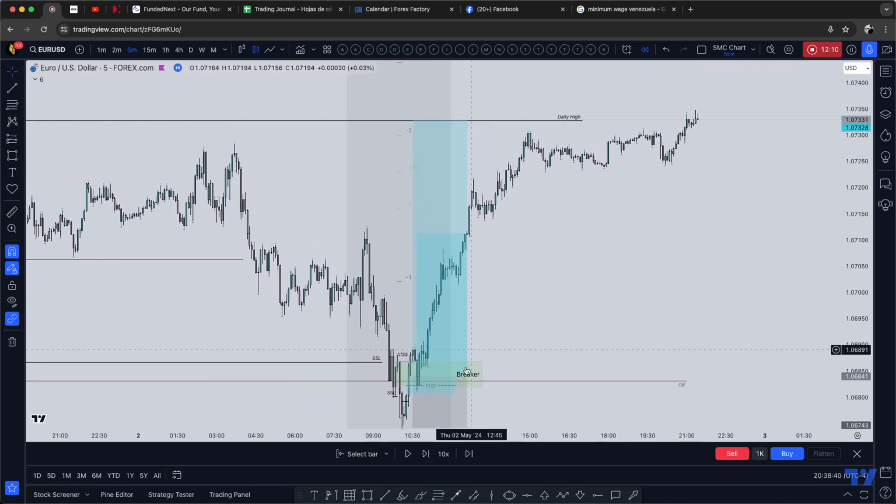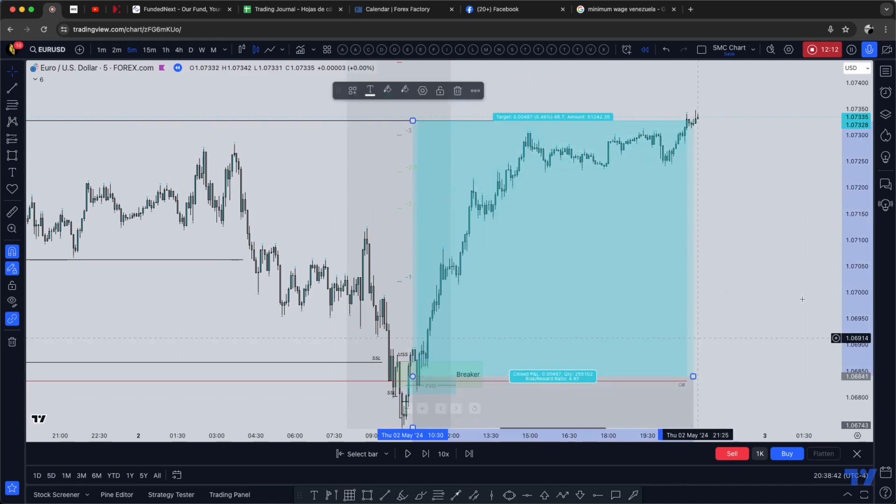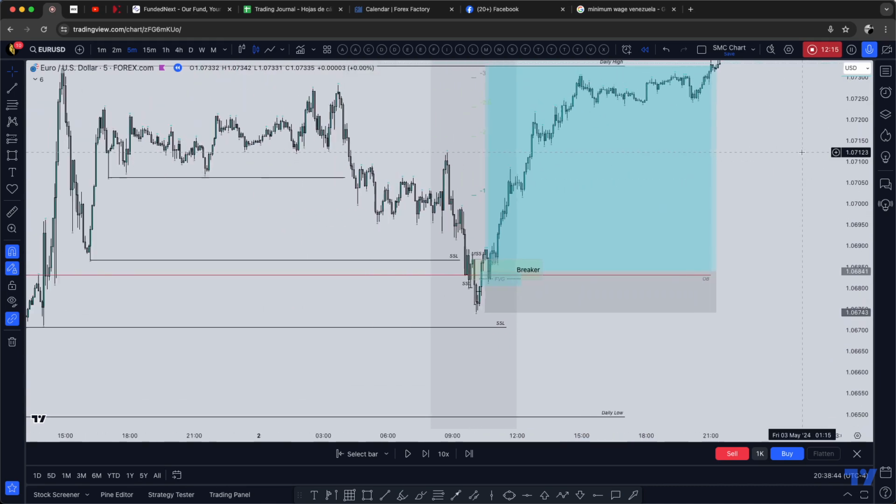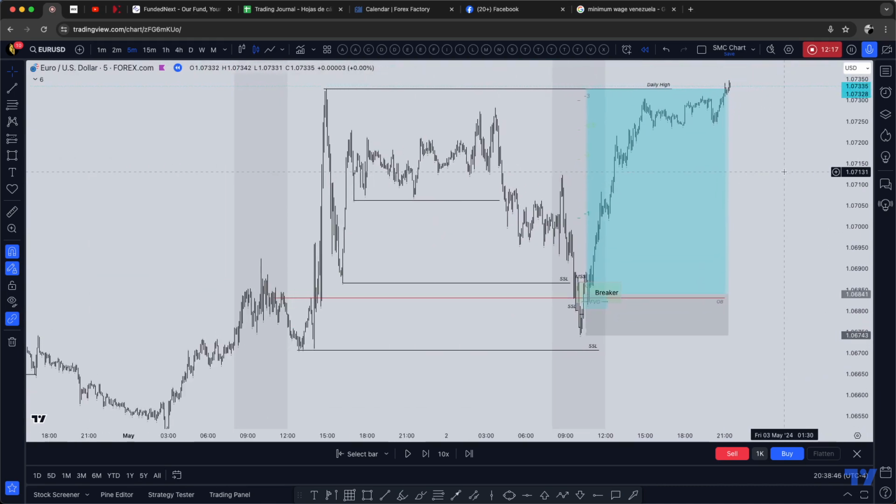There you go. Right? Beautiful trade, beautiful price action, beautiful formation. Expectations were met completely on this setup on Euro USD on Thursday.